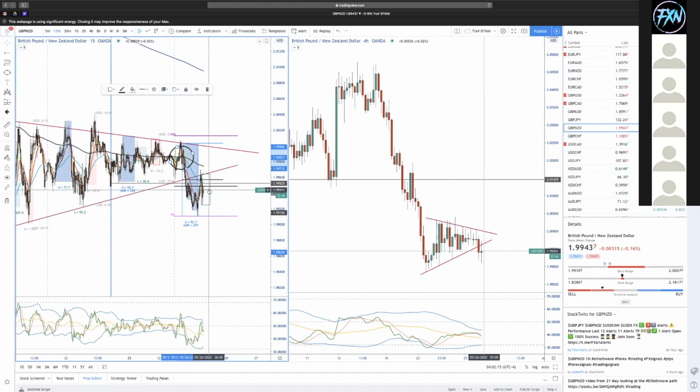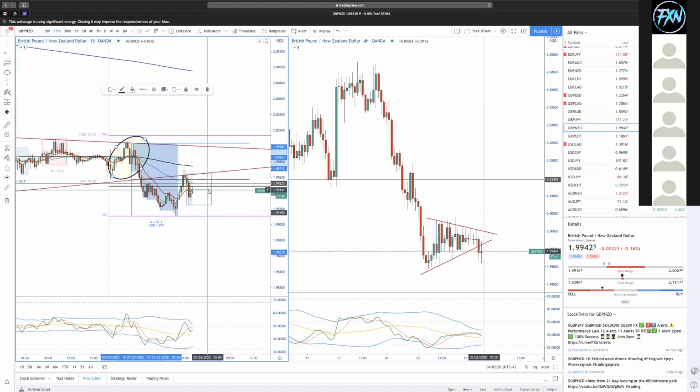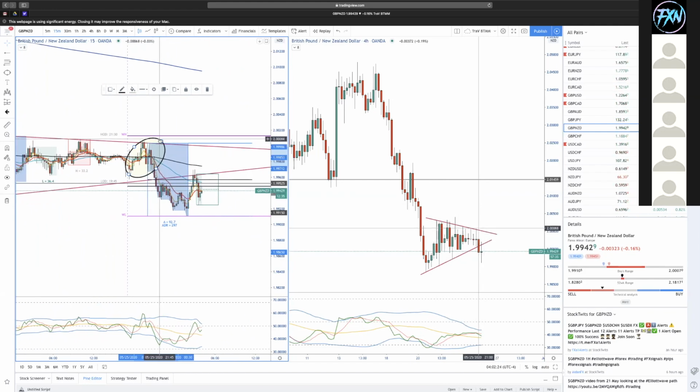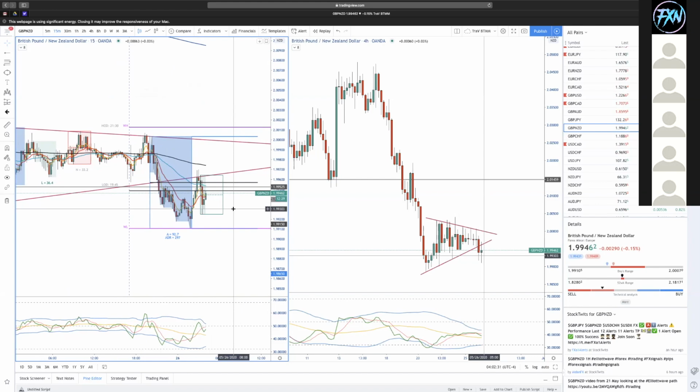So that's why with the London session, you want to make sure you get the best stop loss and do the proper risk management and take the trade. That's the only thing I would say. But yeah, I like this actually.